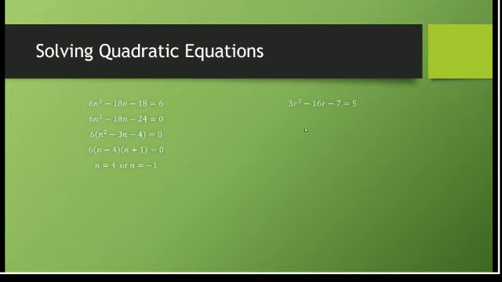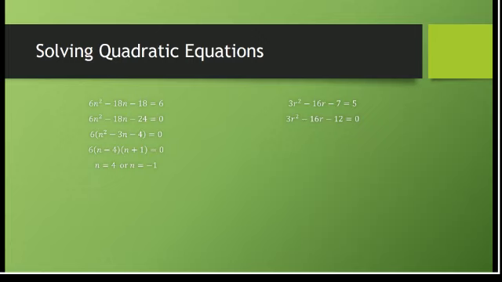Let's do just one more to finish up here. 3r squared minus 16r minus 7 equals 5. I've got to subtract that 5. That gives me negative 12. Notice these are all multiples of... Oh, they're not, sorry. 12 is a multiple of 3, but not 16. So what I need to look for here are two numbers that multiply to negative 36 and add to negative 16.